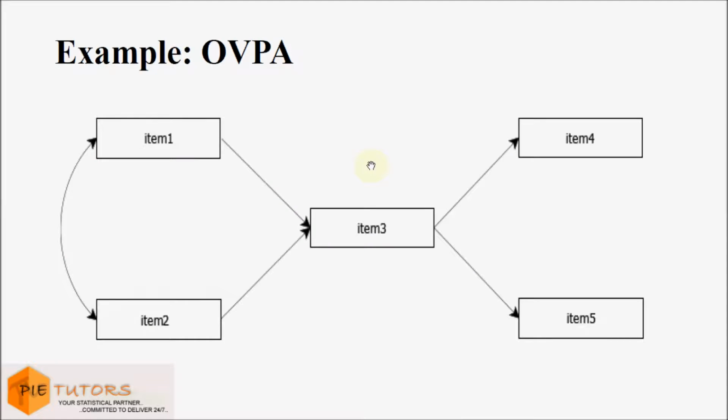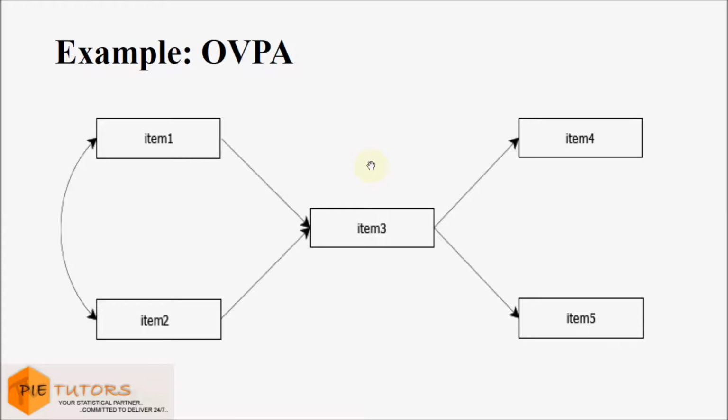Here is an example of an observed variable path analysis. So here we can see that there are 5 observed variables. We can see that item 1 and item 2 co-vary. Also we can see that item 3 is predicted using item 1 and item 2.